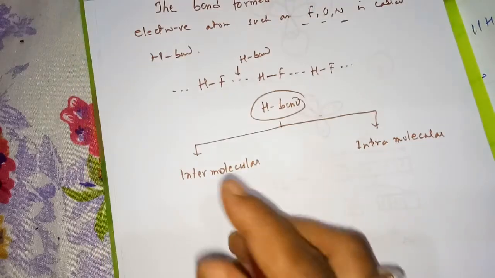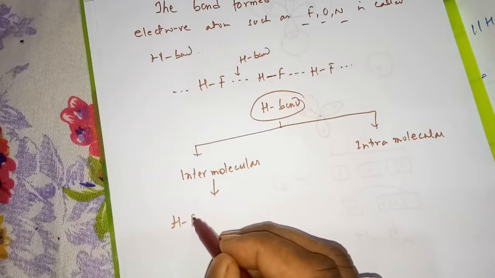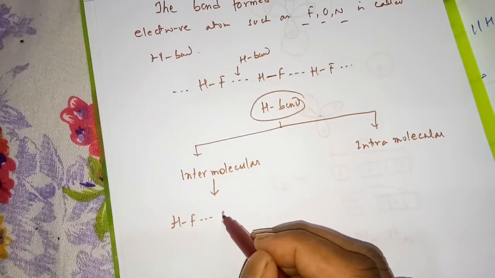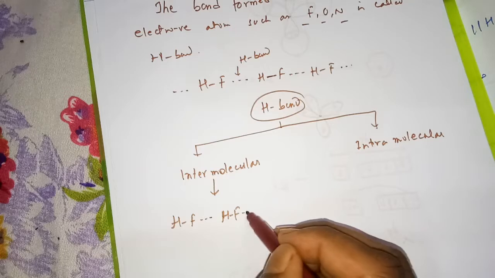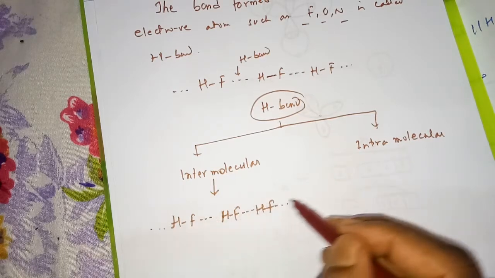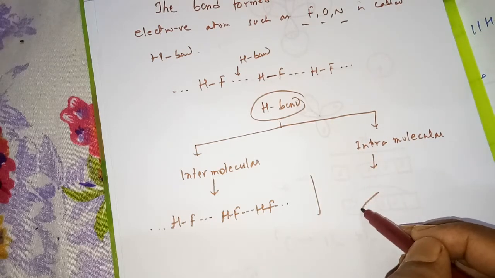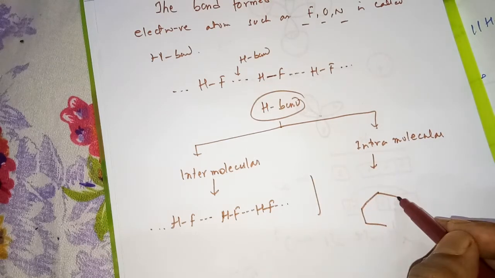So a hydrogen bond formed between different molecules is intermolecular. Or an intramolecular hydrogen bond is formed within the same molecule.